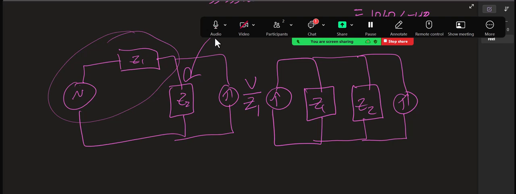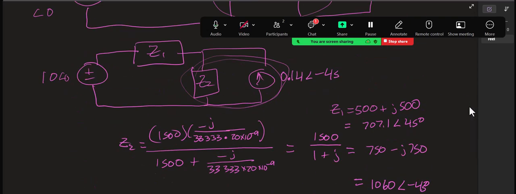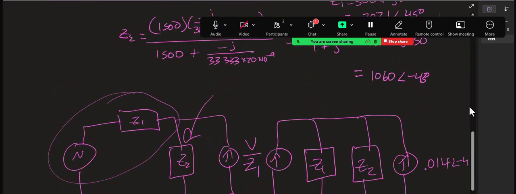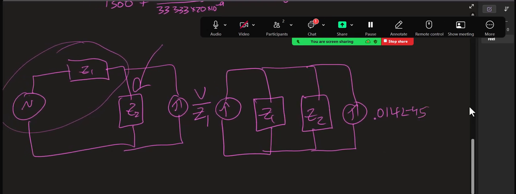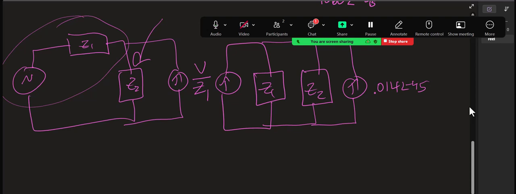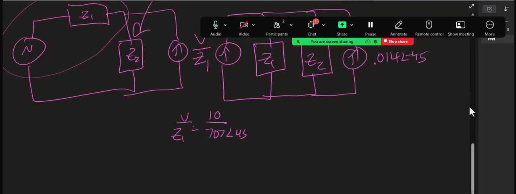Well, that's handy because if you remember, our current source was 0.014 angle negative 45. And what was Z1? We computed it, didn't we? 707.1. Yeah. So if we take 10 over 707 angle 45, what's our new angle going to be?